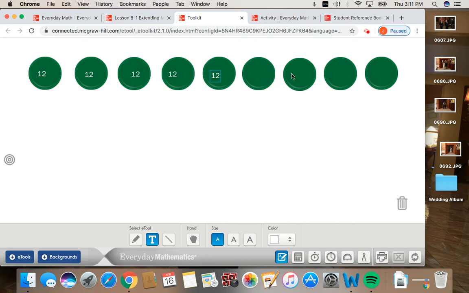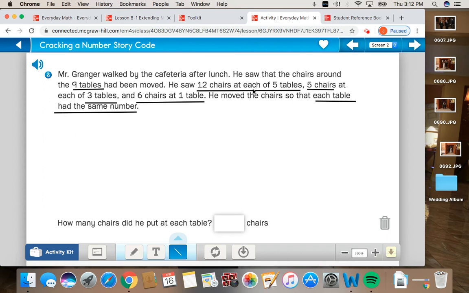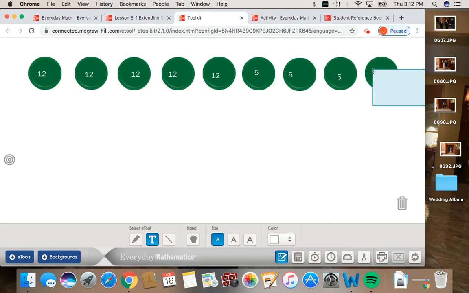So now 3 tables are going to have 5 chairs. Okay, and then my last table has 6 chairs. So this table has 6 chairs.